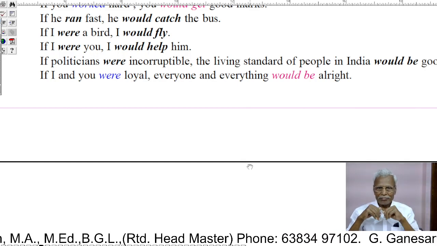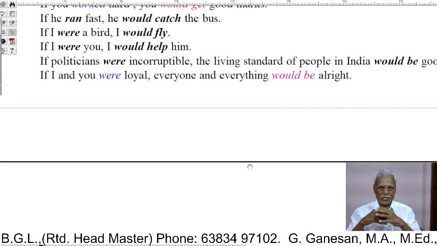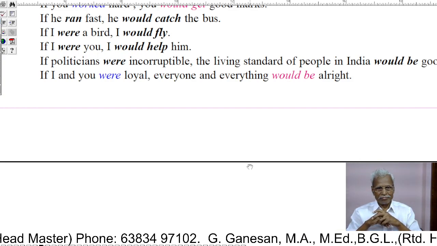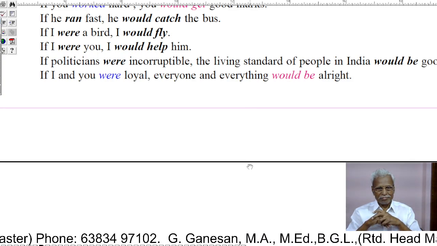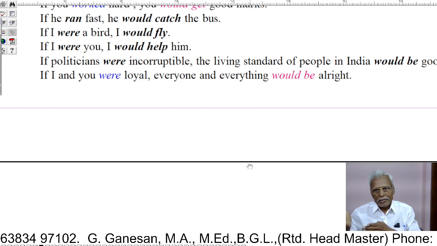If they were incorruptible, if they were honest, if they were correct and right, then the standard of people in India would be good.